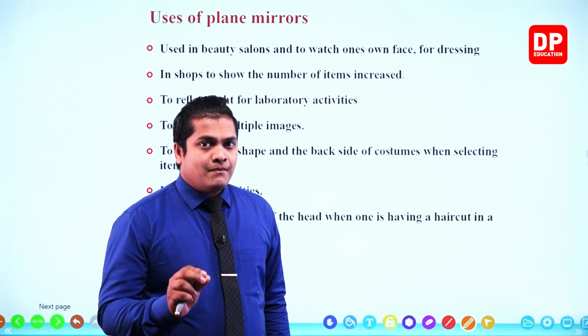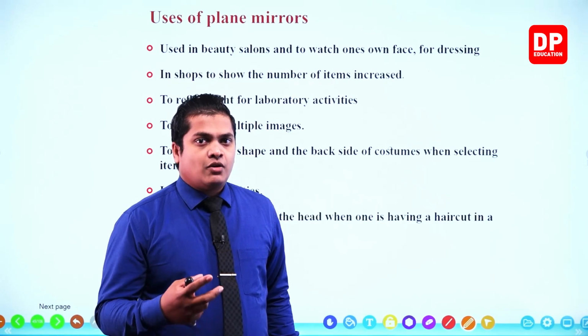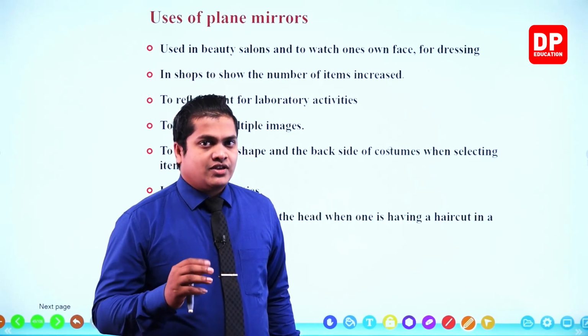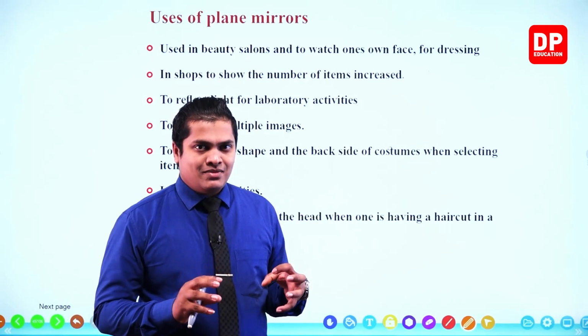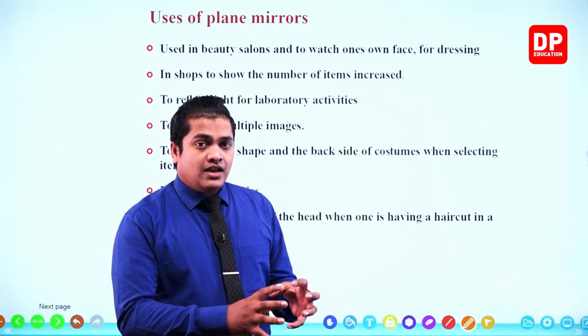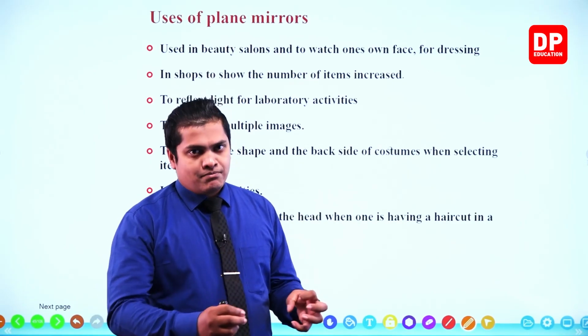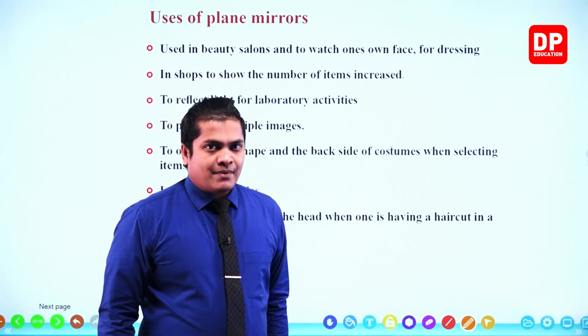Here the number of objects can be increased. Actually, it's not getting increased, but the images created by the plane mirrors help to show a greater number. That is why it is referred to as multiple images.